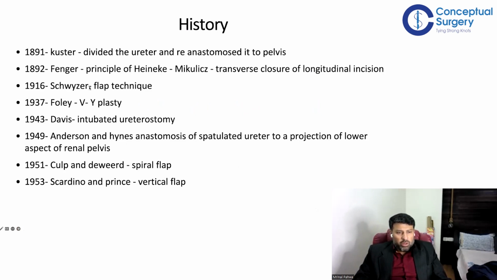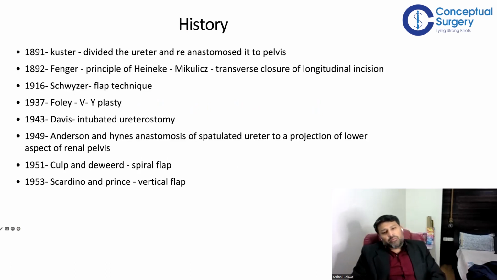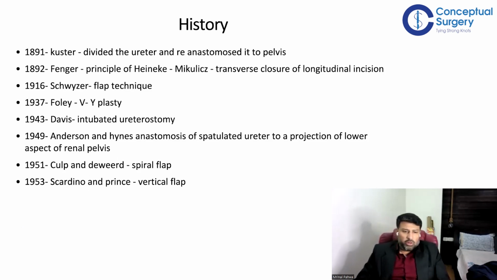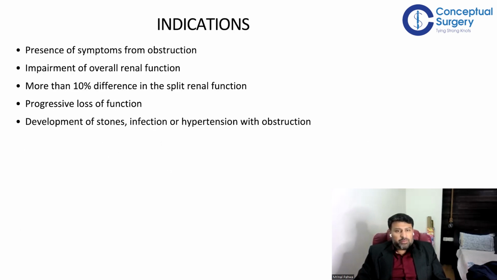But along the way, various flap techniques came into vogue, and finally in 1949, Anderson and Hynes described their procedure, which is now well adopted and followed for PUJ obstruction. It is a dismembered type of pyeloplasty, as we'll be studying later on. And down the line, various other flap procedures were also described.